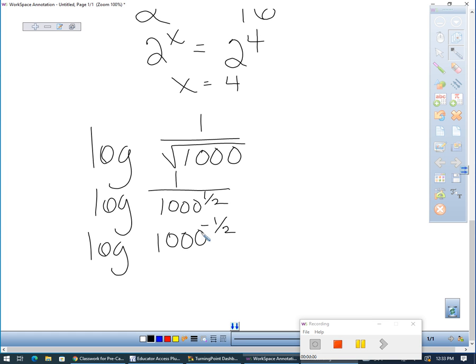Now if we're going to go ahead and evaluate this, I'm going to set it equal to x. So I'd like to have it all in one level when I set it equal to x. Then when there's no base written there, what's the number? Awesome. So 10 to the x equals 1,000 to the negative 1/2.